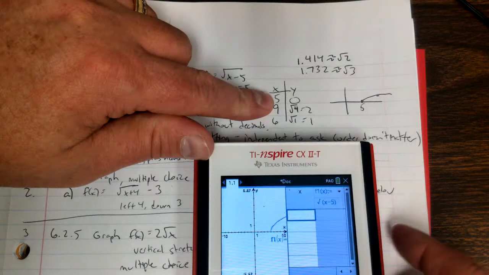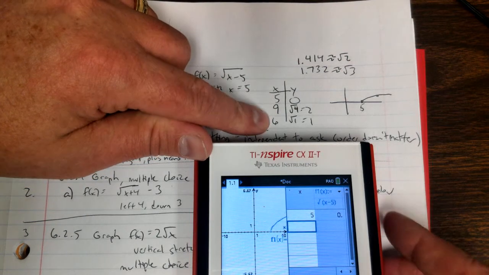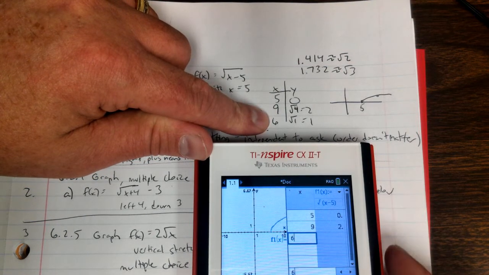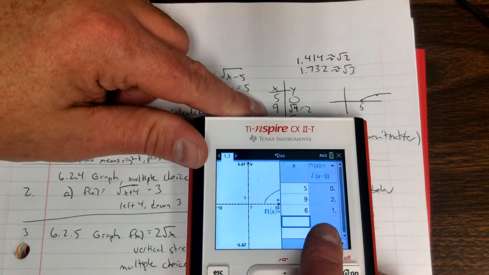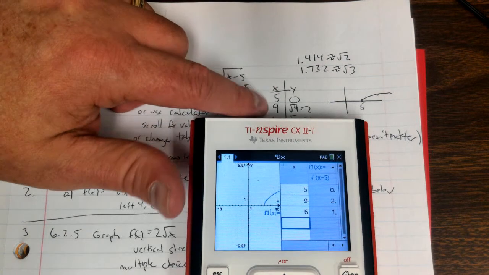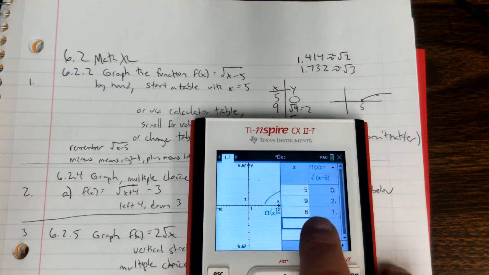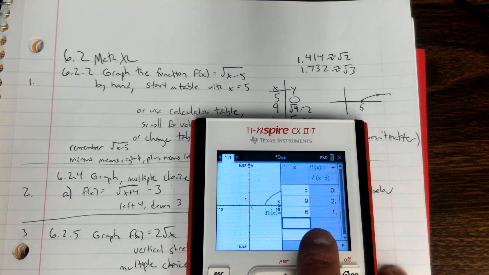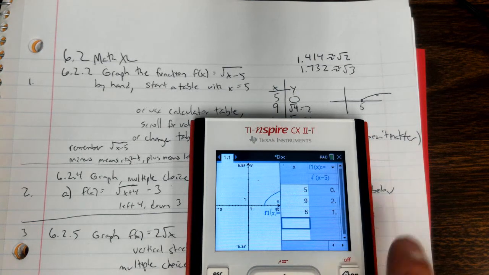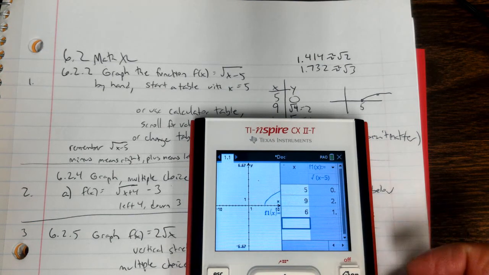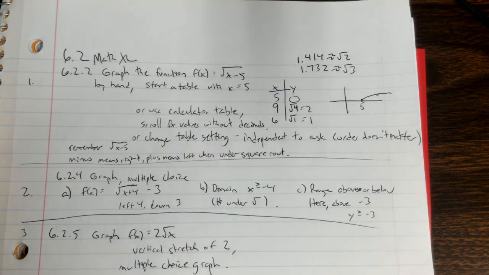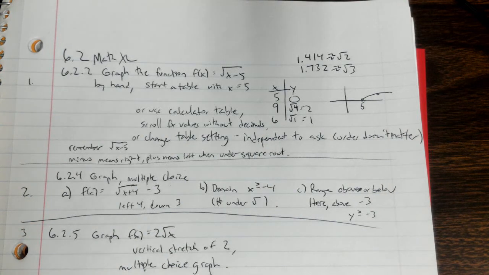Like you could put 5, enter, 9, enter, 6, enter, and get the same numbers that I got when I did it by hand. And that way you don't have any extra values. But you might just want to look at the regular table and look for ones that are not with decimals.